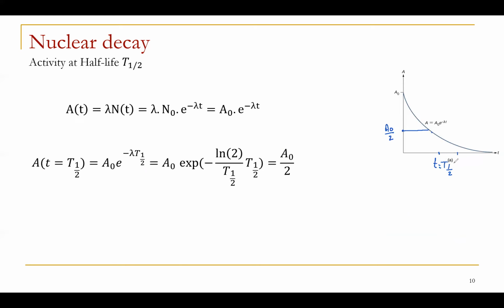If we have 2 t half, we get a value of A0 divided by 4, and so on. Finally, we arrive at t equals 7 t half, we get 0 activity, because all the unstable nuclei are converted to stable nuclei.